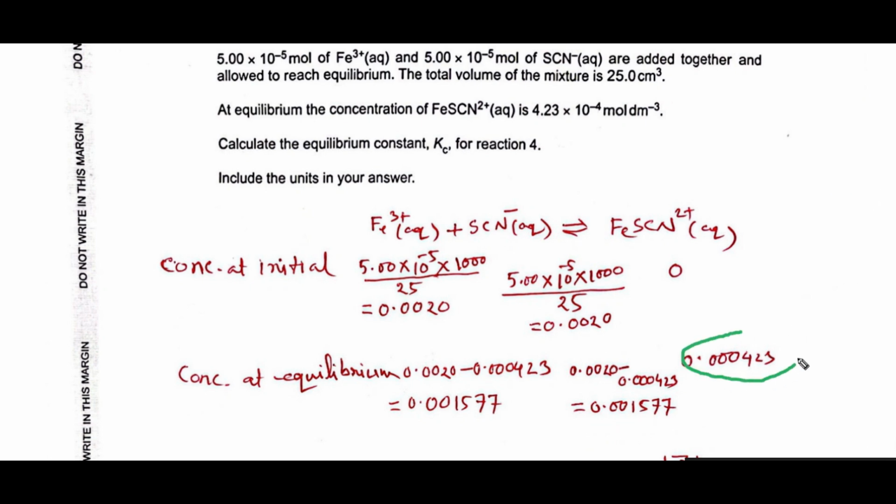This product is formed from the reactant. So to calculate concentration of reactant, product concentration has to be subtracted. That's why this minus this minus this. So now you get the concentration at equilibrium.